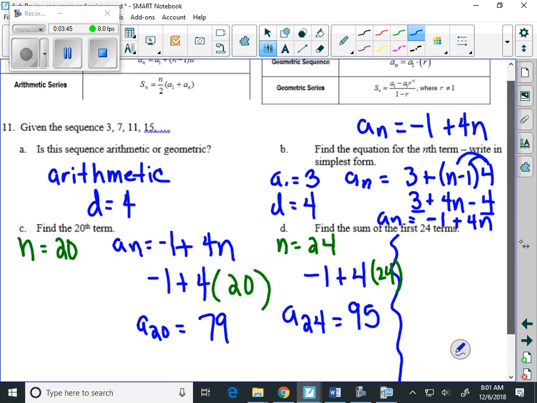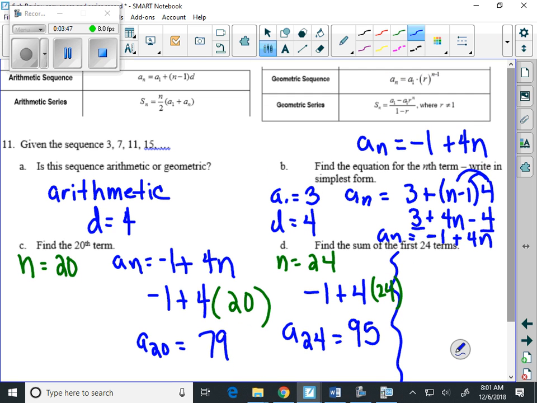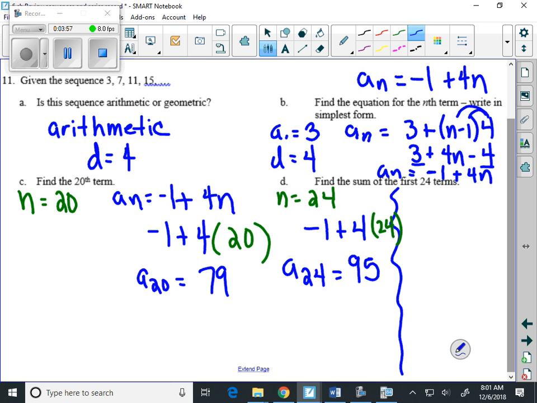And we'll scroll back up here because we need to use the sum formula at this point. This is the sum formula here. And what we know is that n is 24 this time, and we still know that our first term is 3. And what we just found is that our a sub 24 is 95.